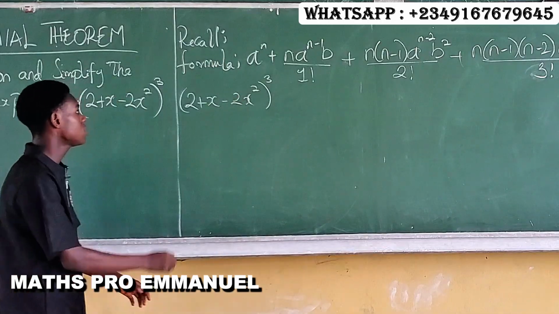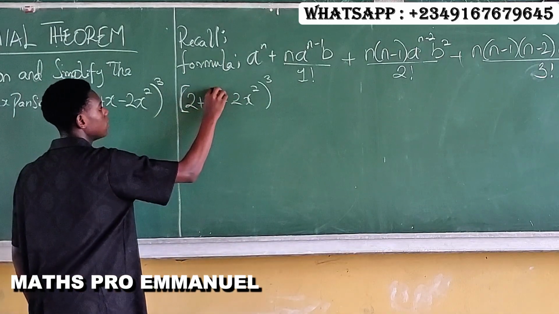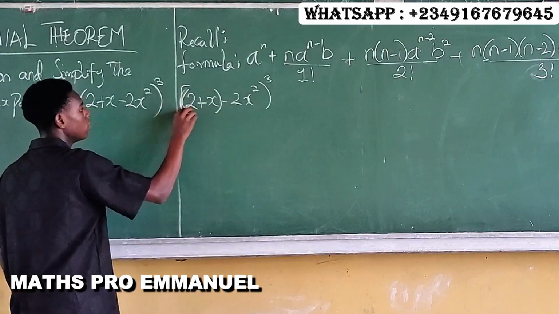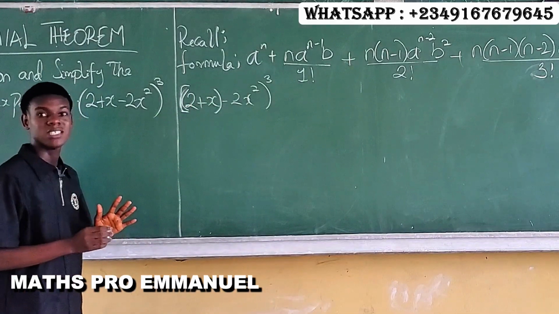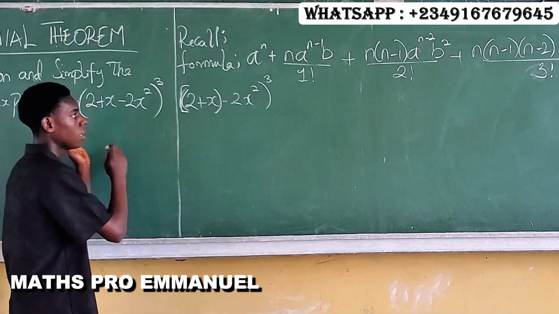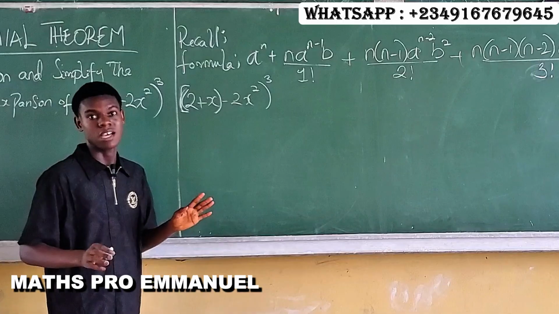Everything here that is linear will be a, and the last one will be my b. That's the best approach for it.